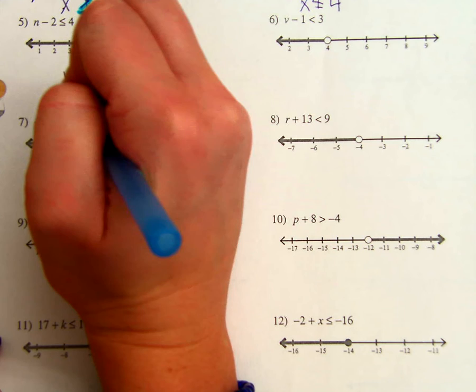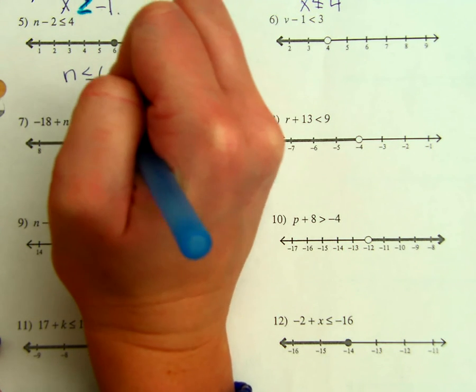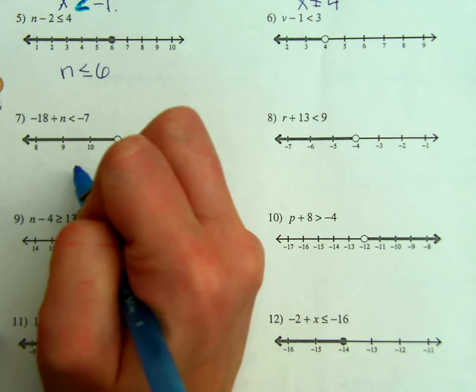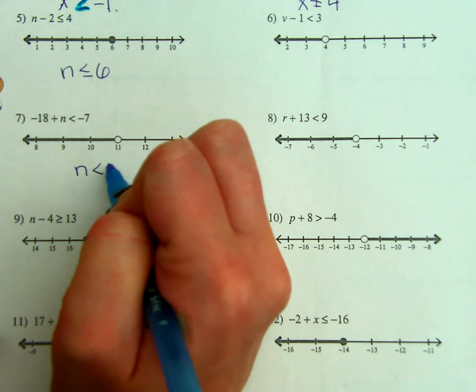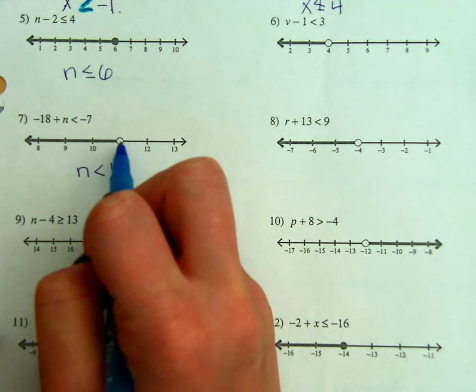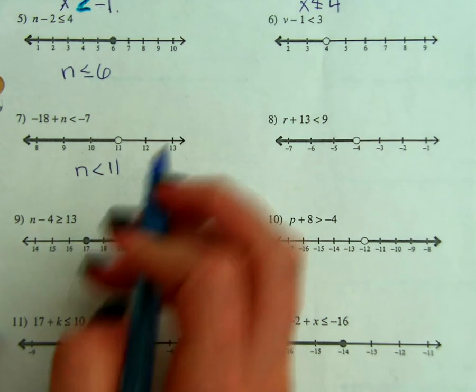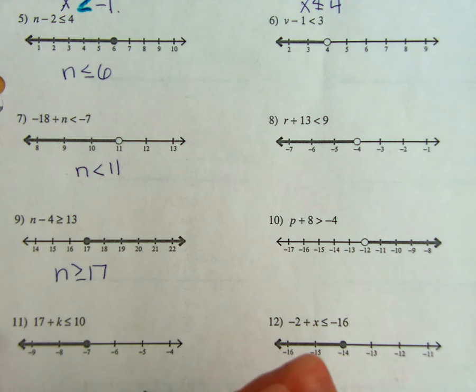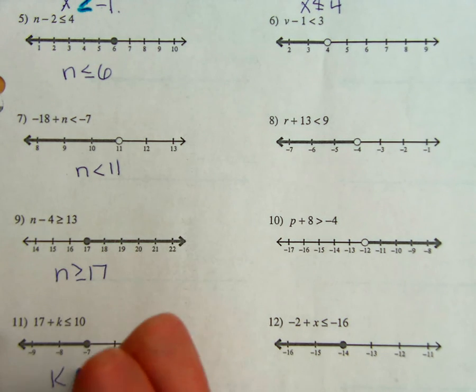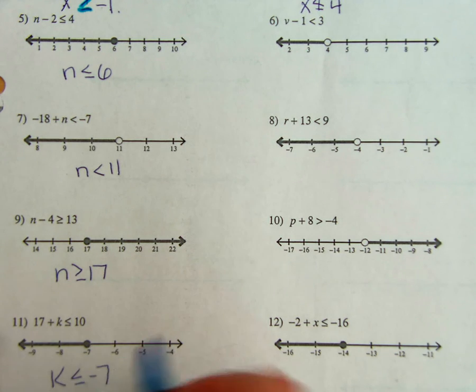N is going to be less than or equal to 6. Number 7 is going to be n is less than 11. It is not equal to. Number 9, n is greater than or equal to 17. K is less than or equal to -7.